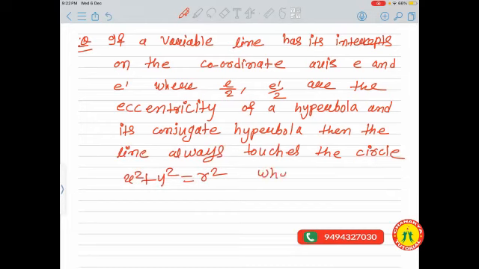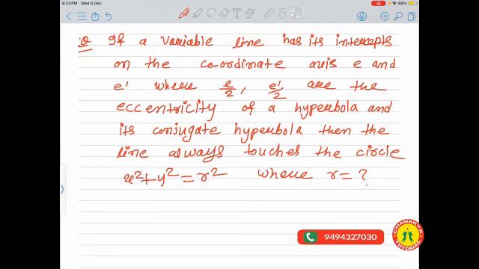So r is what is asked, the value of r. Given that the line has intercepts on the coordinate axis E and E dash, it means the x intercept is E comma 0 and the y intercept is 0 comma E dash for the line, and the eccentricities are given as E by 2 and E dash by 2 for the hyperbola and its conjugate hyperbola.